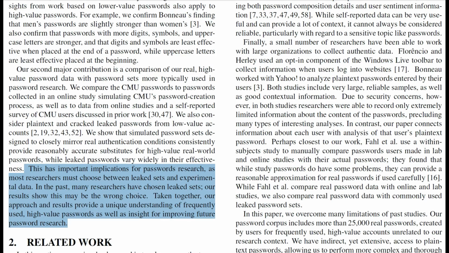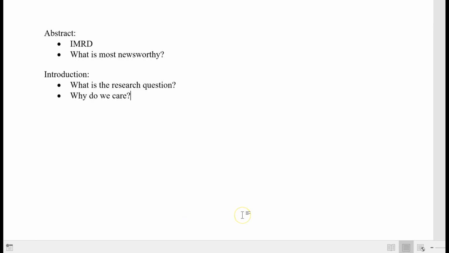And they end with implications, so discussion. So what this introduction in this particular article is doing is really kind of an expanded version of the abstract. Taking the novelty moves, going into more depth about the methods and results, and particularly the implications.